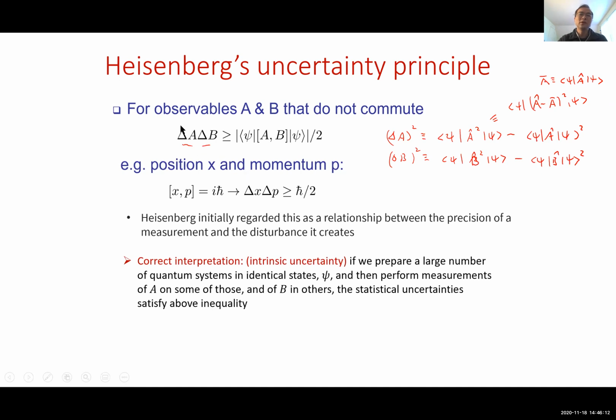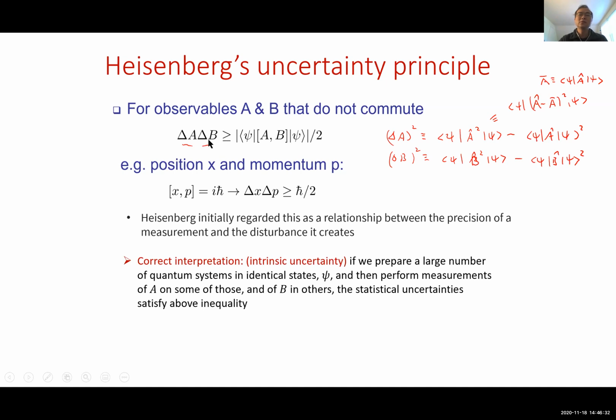However, looking at this formula, really the correct interpretation of the uncertainty is that these are intrinsic uncertainties, because this is the uncertainty that you evaluate with respect to the quantum state psi of this observable.